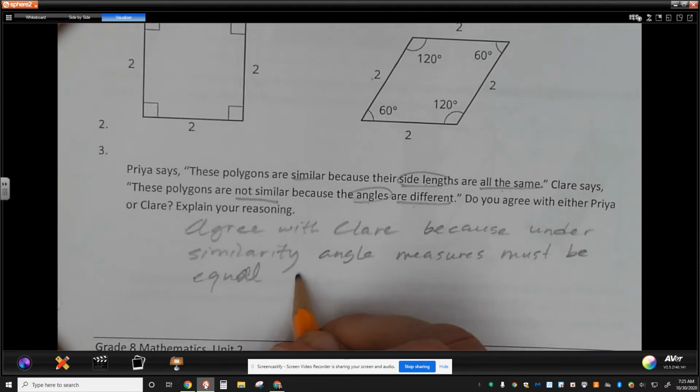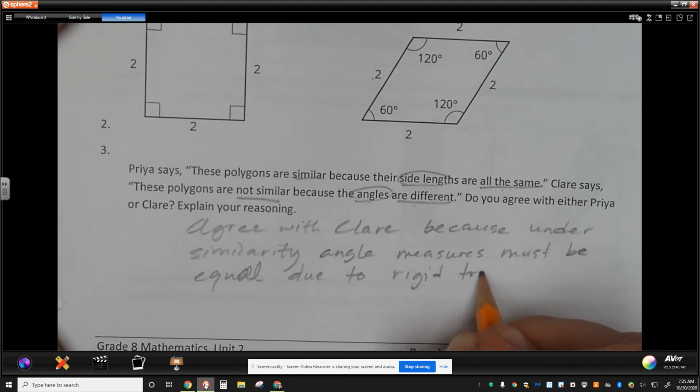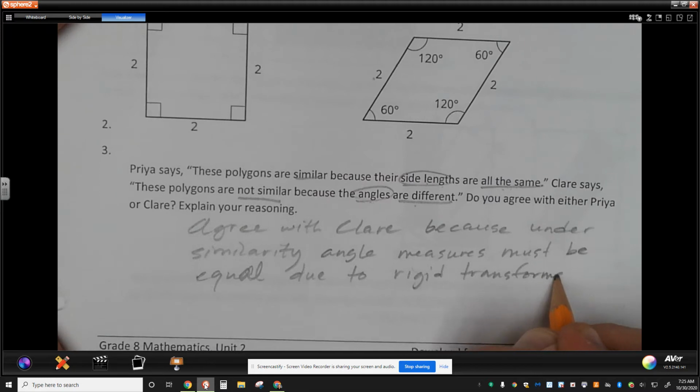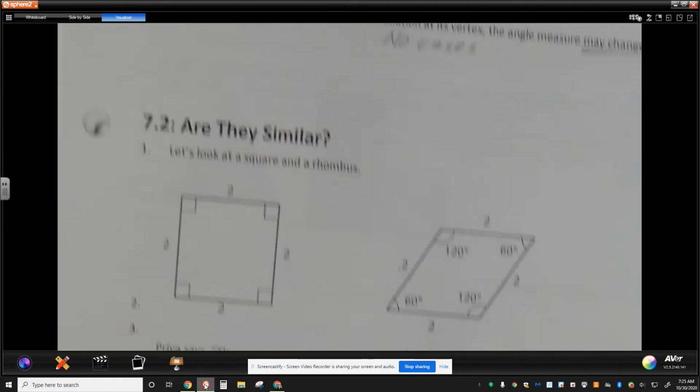Must be equal due to rigid transformation. Okay, without rigid transformation, we don't even have similarity or congruence. So we have to keep angle measures the same.